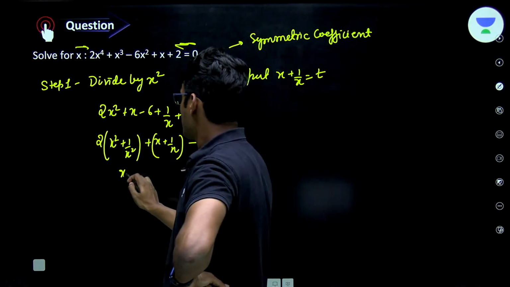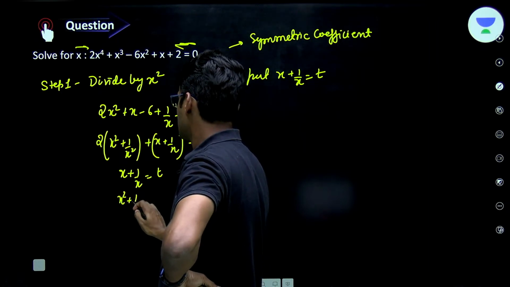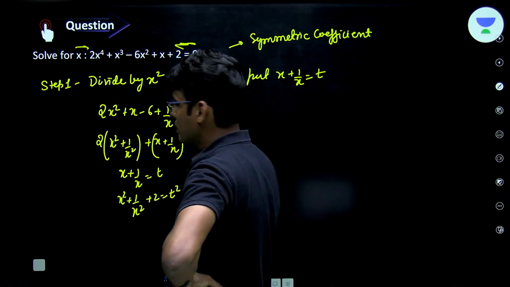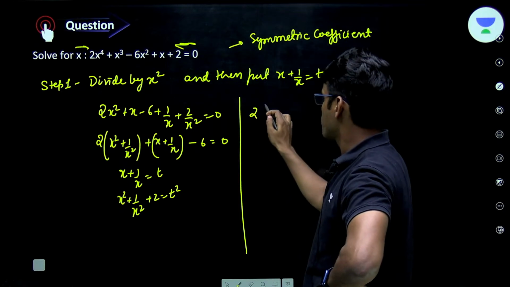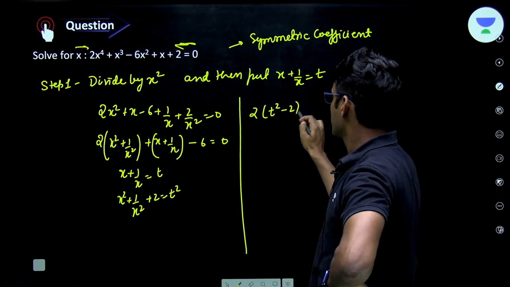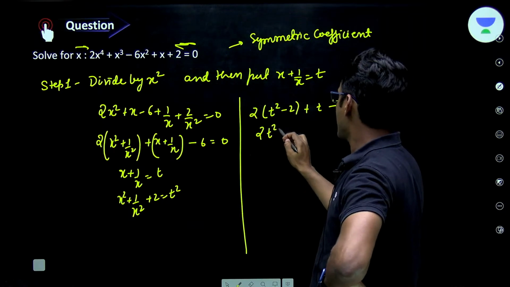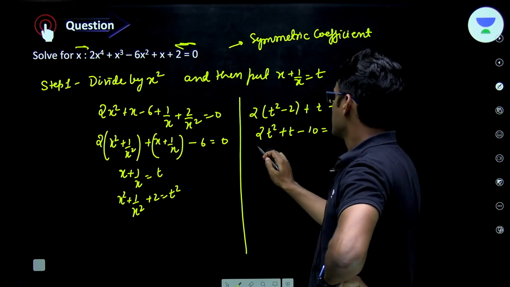Now, when I'm saying that put x plus 1 by x as t, you just square it. What do you get? You get x square plus 1 by x square as t square minus 2. So you put it here. Plus t minus 6 is equal to 0. 2t square plus t minus 4 minus 6, minus 10.